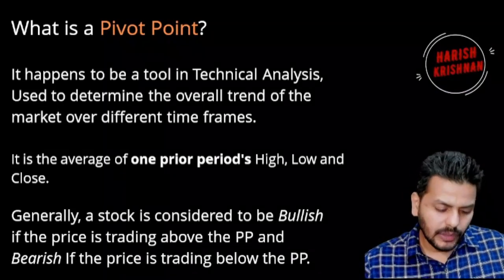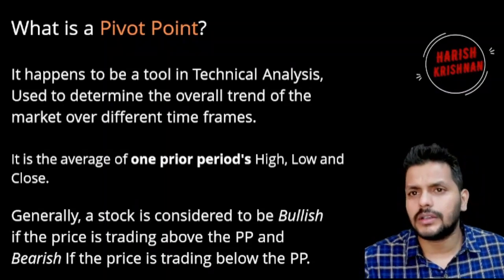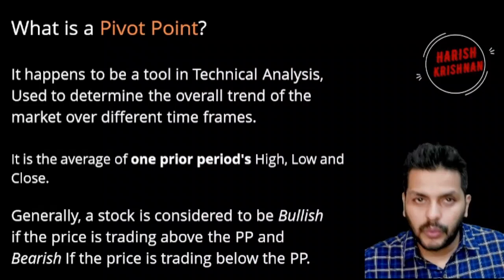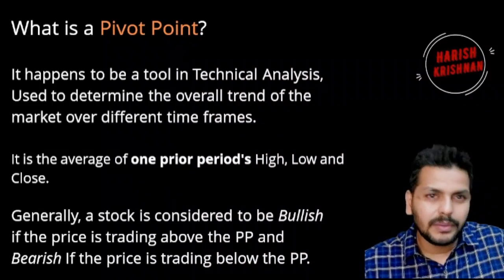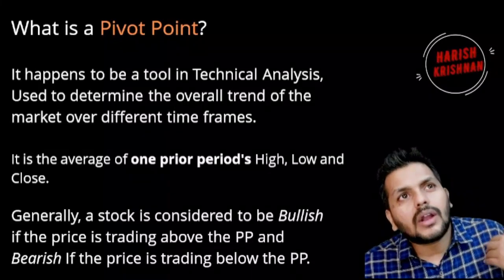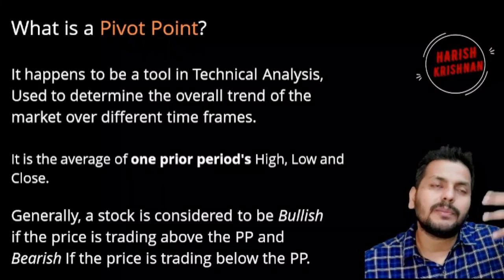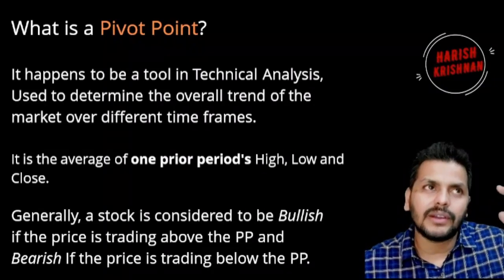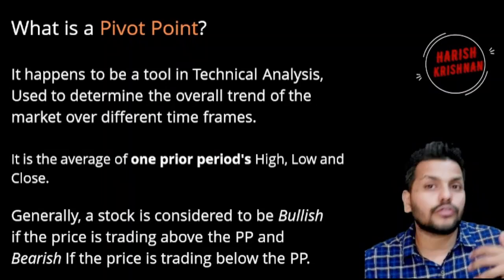Now, the activity that takes place from the set of traders in a stock will determine in what pattern it is moving. When the trend is bullish, the stock can't be bullish forever. At some point of time, it reaches a level where people will start selling, and that level is generally called a resistance level, where to break that level and go up, it needs stronger buying to happen.